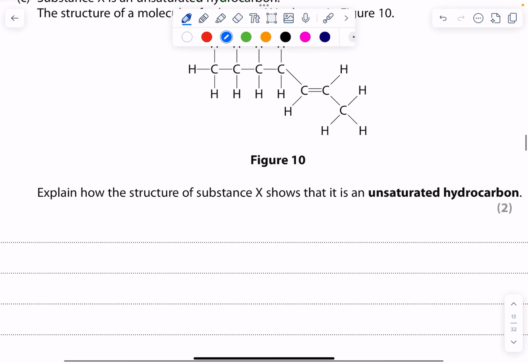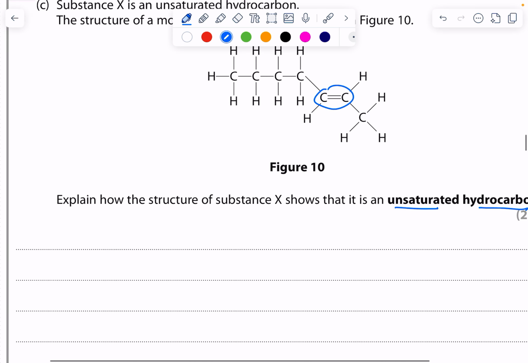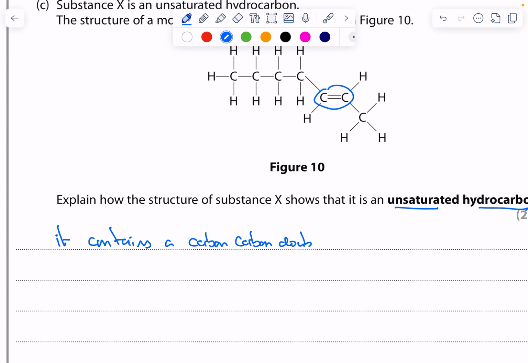Right. How does this substance show it's unsaturated and a hydrocarbon? So it's unsaturated because it contains a carbon-carbon double bond. So here, let's put that down first. So it contains a carbon-carbon double bond, so that's an alkene.